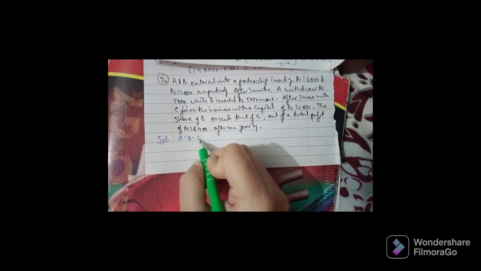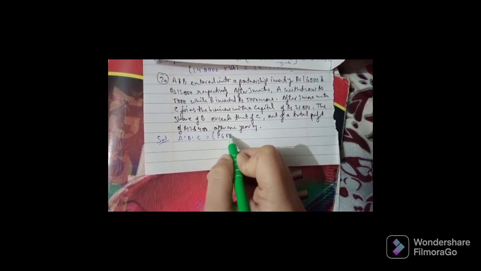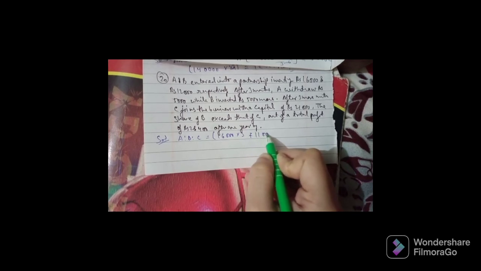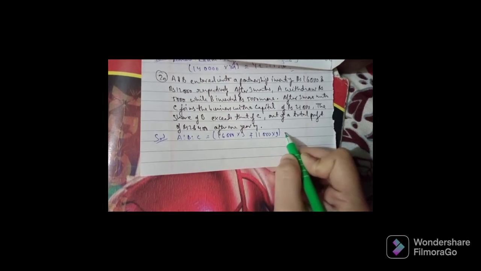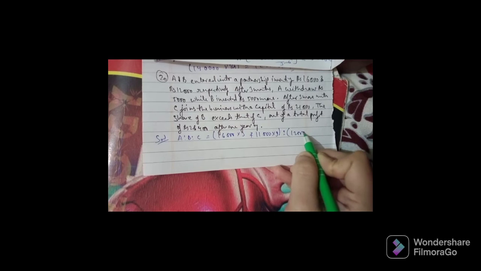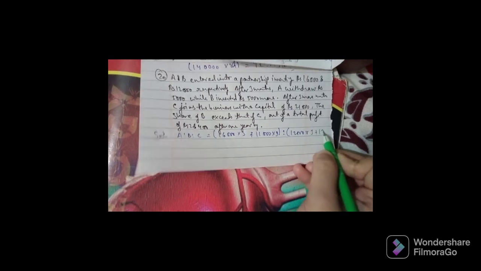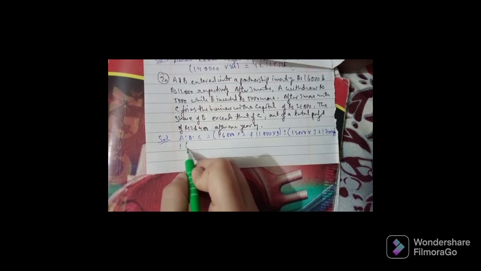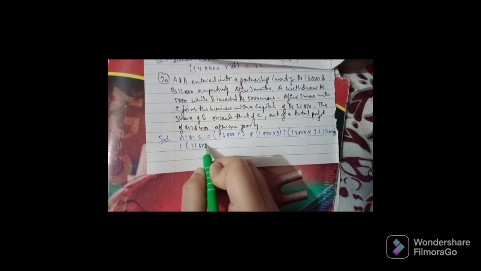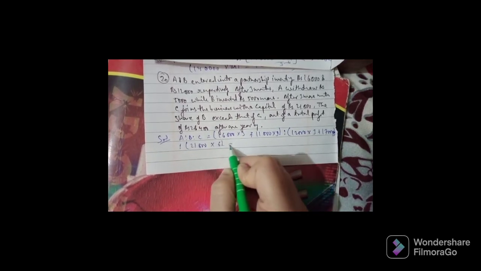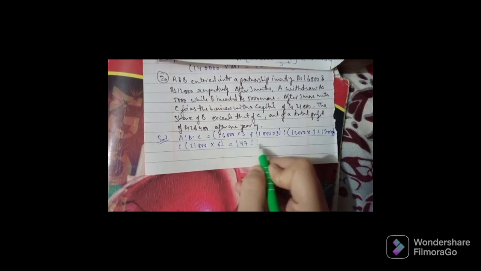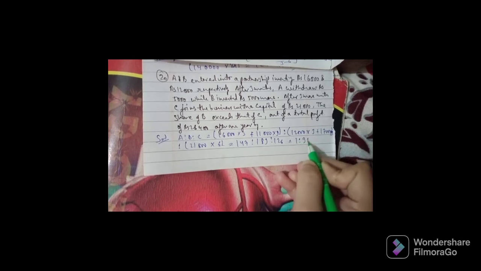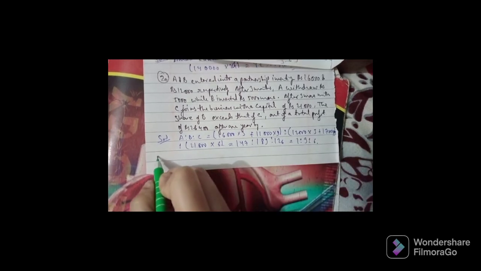A ratio B ratio C is 16,000 into 3 plus 11,000 into 9 ratio 12,000 into 3 plus 17,000 into 9 ratio 21,000 into 6, that is 147 ratio 189 ratio 126, which will give you 7 ratio 9 ratio 6.